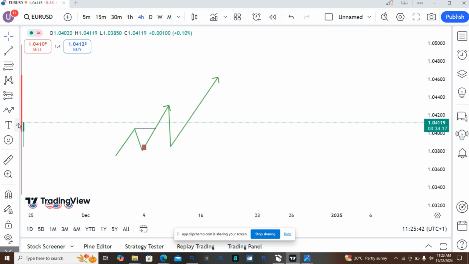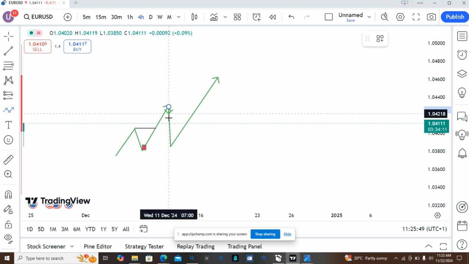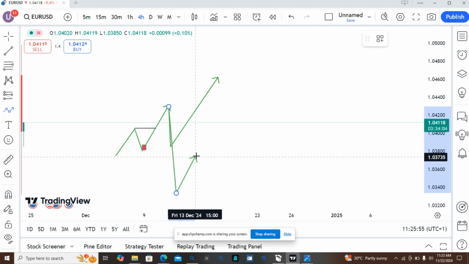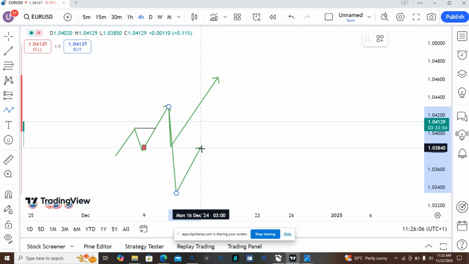But in terms of a breaker block, price will come there and break below it, and return back to this block. At this point in time, it's no longer an order block, it is called a breaker block. But you don't just take trades immediately when price comes to a breaker block.